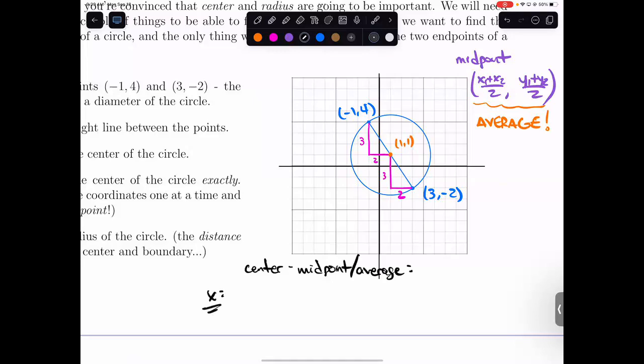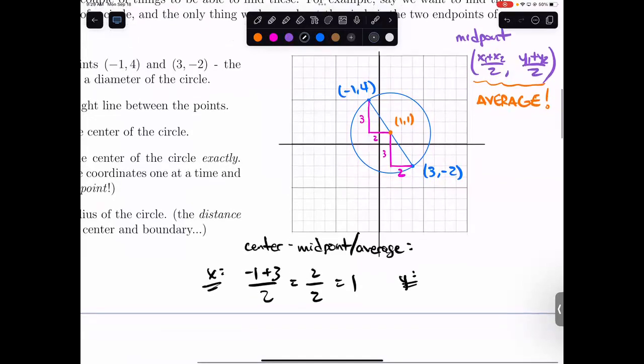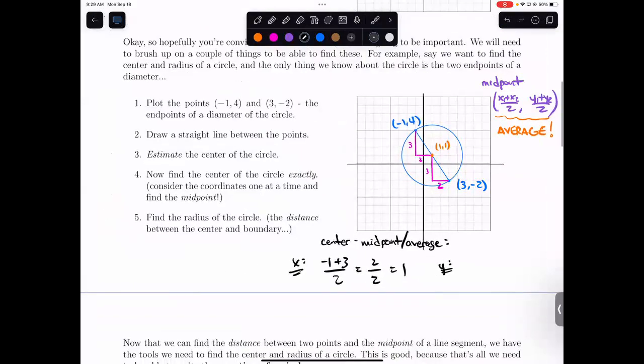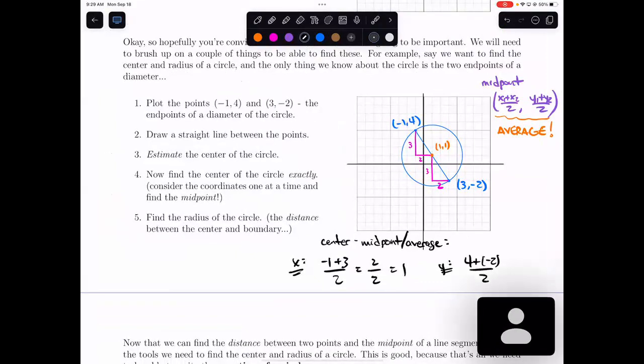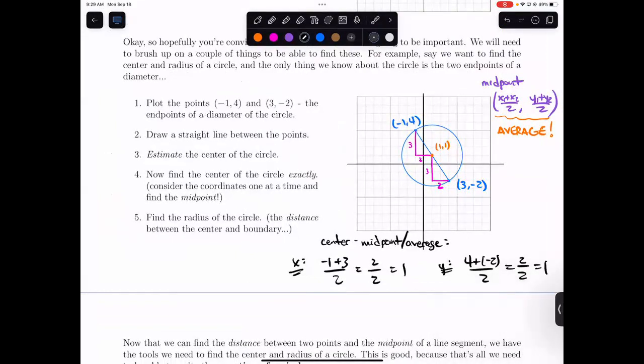The average of the x coordinates would be -1 plus 3 divided by 2, which is 2 over 2, which is 1. And the average of the y coordinates would be 4 plus -2 divided by 2, which is 2 over 2, which is 1. I'm not saying all the things that I'm writing. So the center would be 1, 1.